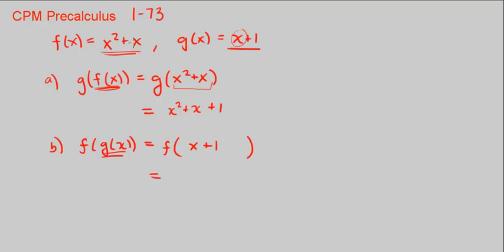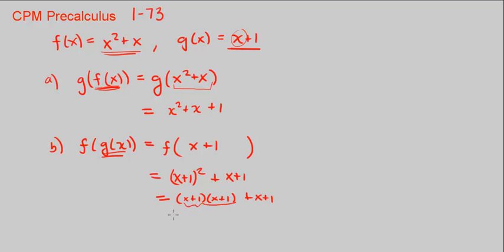So everywhere we see an x, we substitute x plus 1. So we have x plus 1 squared, from the x squared, plus x plus 1. This is the same as x plus 1 times x plus 1, plus x plus 1.